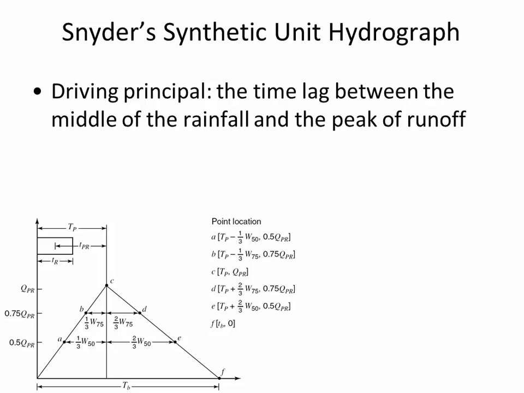What we've defined so far is just how high the hydrograph is. We haven't yet defined the width of it, this bottom dimension here, T sub B. And the process that the Snyder method goes through for identifying that is just finding the width of the hydrograph at certain flow rates. At 75% of the peak and half of the peak, you find how wide is the hydrograph, and then use that to calculate the entire hydrograph duration.